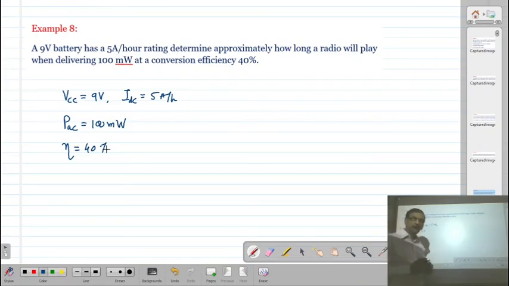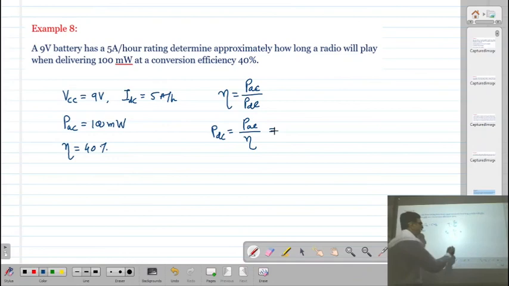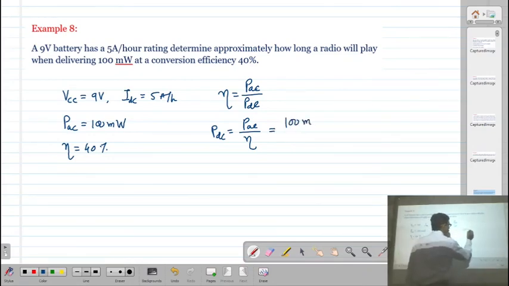First of all we will calculate how much DC power is required to play the radio for 1 hour. From the formula, eta is given as PAC by PDC, so PDC will be equal to PAC divided by eta. My PAC is 100 milliwatts and eta is 40%, so I write 0.4.